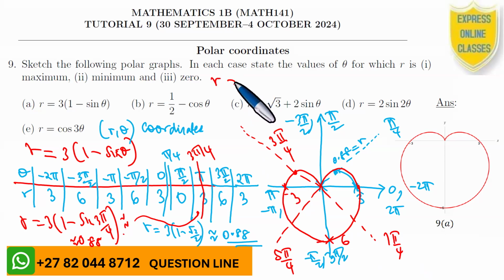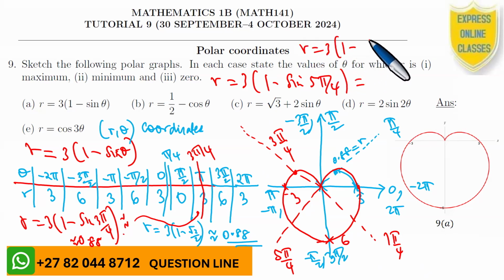So you're going to do r equals 3 times 1 minus the sine of 5 pi over 4. But you also have r equals 3 times 1 minus the sine of 7 pi over 4.